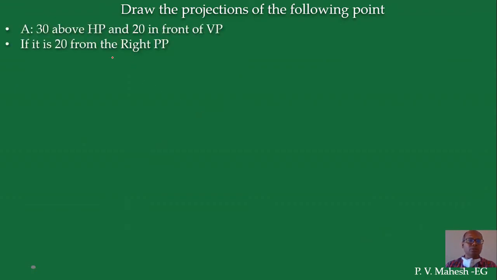So we will draw a problem on this. The point is 20 mm above HP and 20 mm in front of VP, and it is 20 mm from the right profile plane. Okay, the right profile plane distance is given so that we can draw it easily.